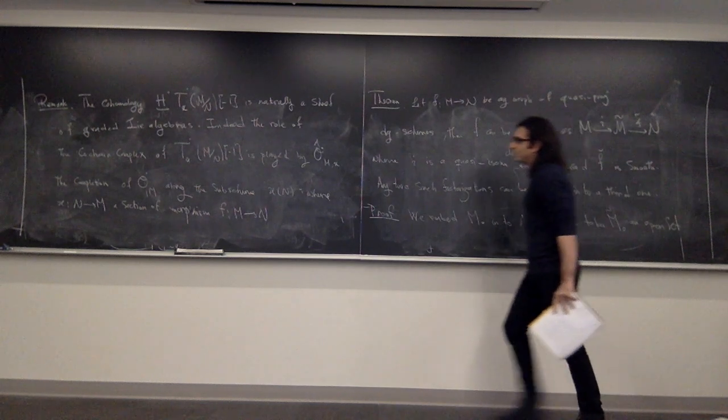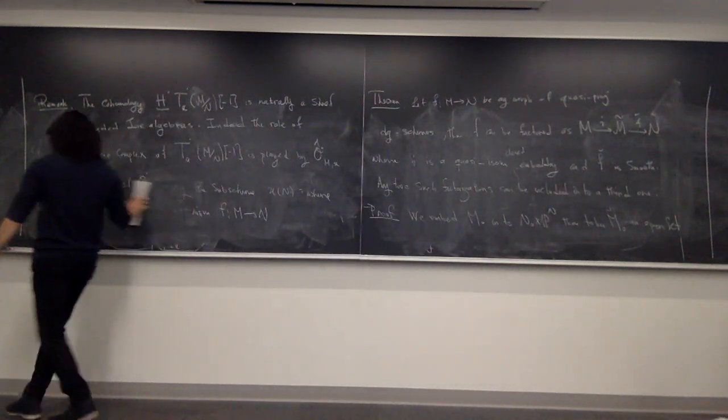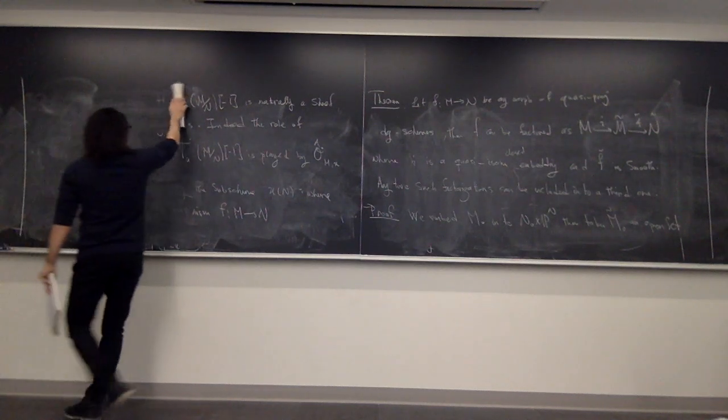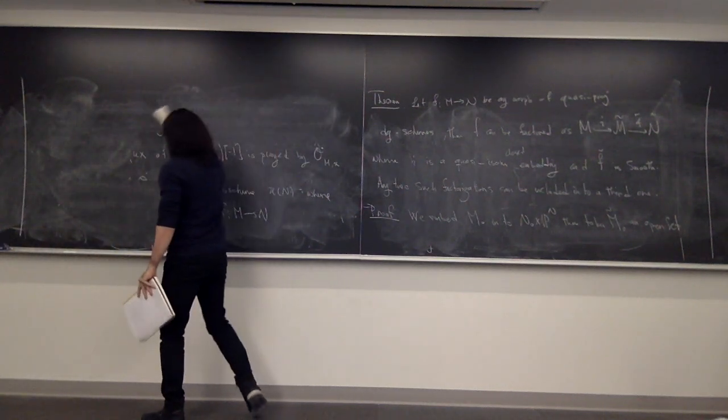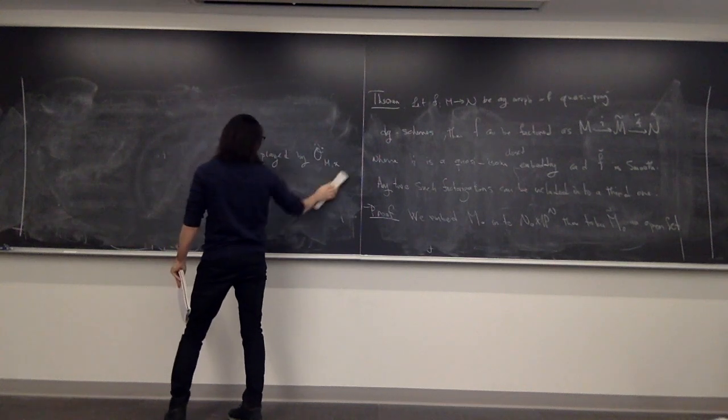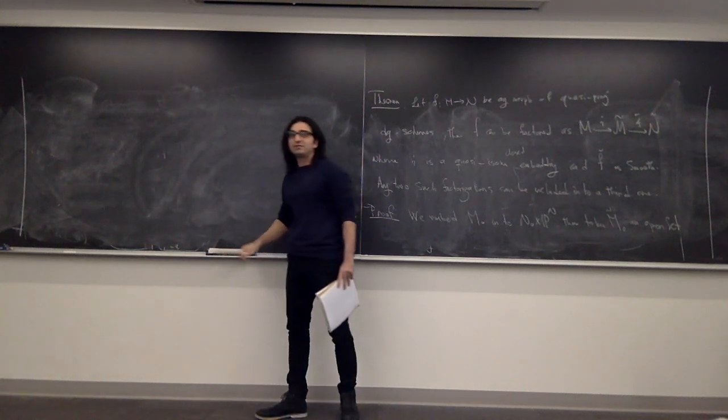This is similar to the previous one where, given a DG scheme, we knew that we can always embed it into a DG manifold.